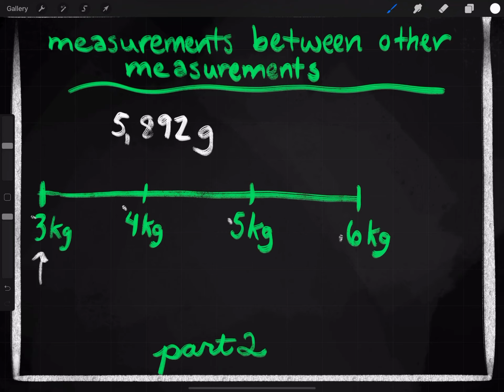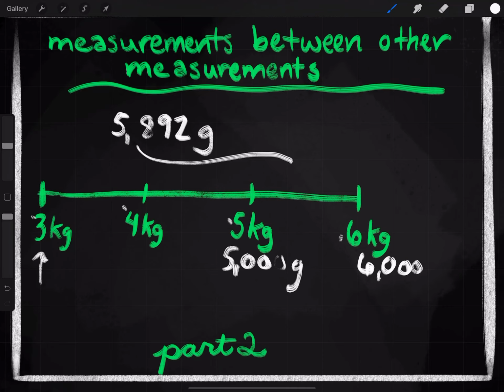It's between what 2 kilogram measurements? See if you can give it a guess. Okay. And if you tried it, 5 kilograms is 5,000 grams, so it's bigger than that. 6 kilograms is 6,000 grams, so it's smaller than that. So we could say this is between 5 kilograms and 6 kilograms.